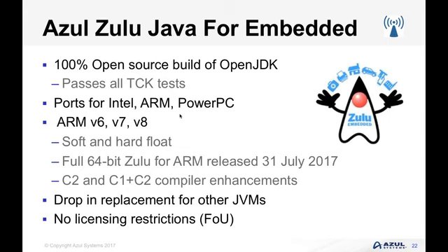It's exactly the same as other JVMs built from the OpenJDK in terms of the interfaces. And so you don't have to worry about porting or modifying your code to work with it. And the nice thing about this is it doesn't have licensing restrictions. It's built from OpenJDK, it's built from open source, and so what are called the field of use restrictions that you will see with other JVMs do not apply to Zulu Java for Embedded.